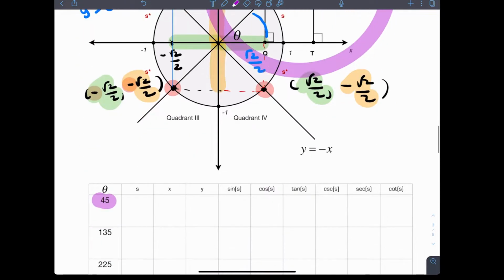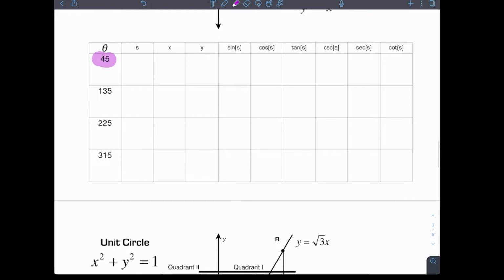If I have 45 degrees, what do you know about the angles over here? 135, 225, 315. This here is quadrant 1, and this is quadrant 2, quadrant 3, quadrant 4 angles. But they're associated with your reference of 45 degrees. This is a reference angle.